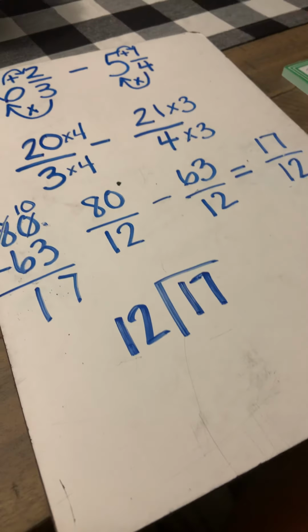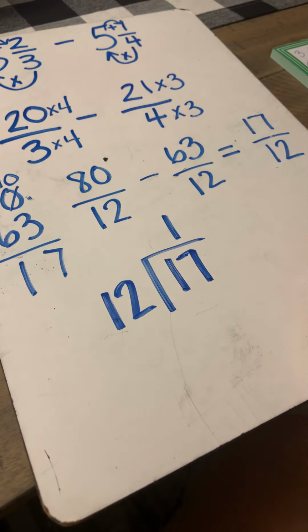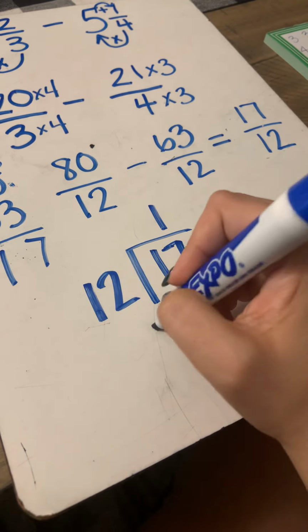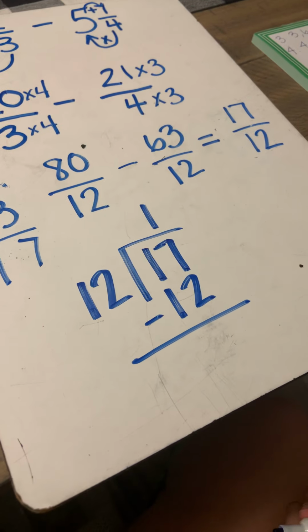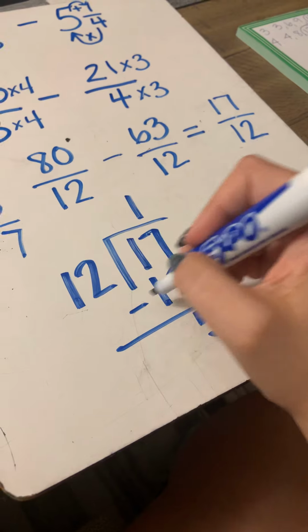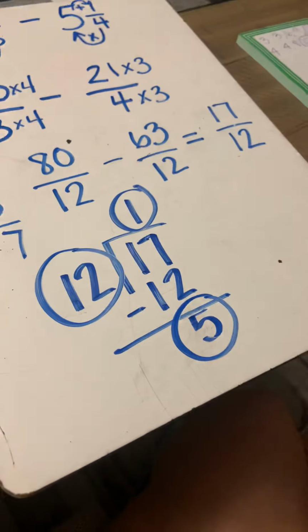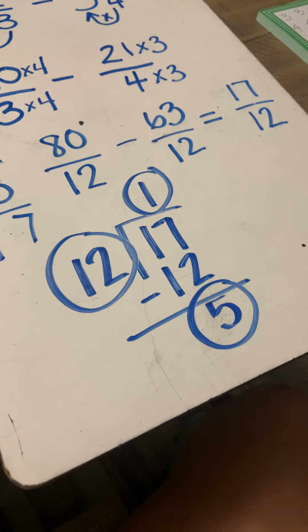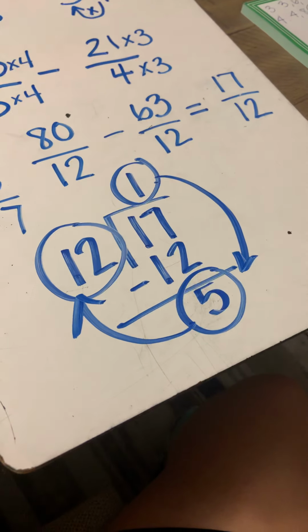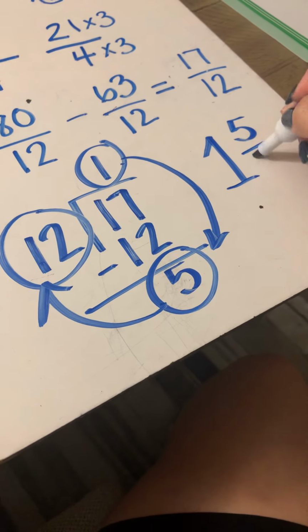So 12 can go into 17 one time. 12 times 1 is 12. You subtract. 7 minus 2 is 5. 1 minus 1 is 0. Remember that you use these three numbers to create your mixed number. You start with this one. That'll be your numerator, that'll be your denominator. So we've got 1 and 5/12.